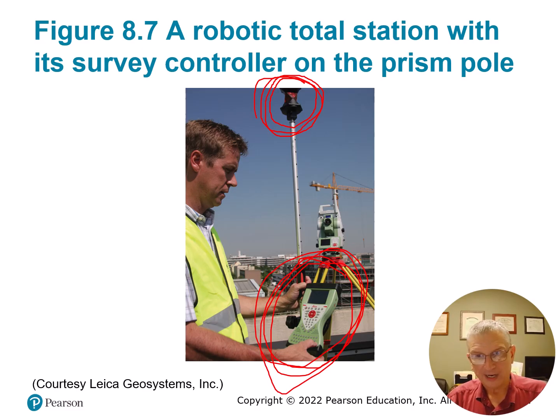It's probably on a bracket that's mounted to the rod so that he doesn't have to hold it. Everybody has their own preferences there. We like to hold them and be able to walk around. Here you're stuck to the rod. A lot of times we use rod bipods to keep the rod nice and plumb, and then it doesn't need human hands to help hold it up. And then we've got our hands free if we want to do some computing or key in some commands to the instrument here on the controller.